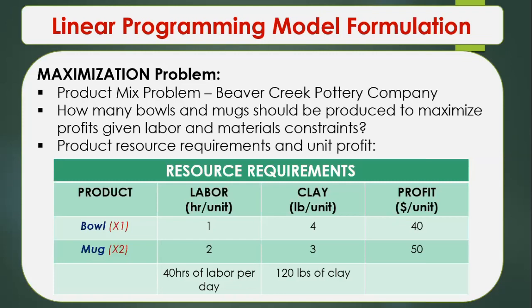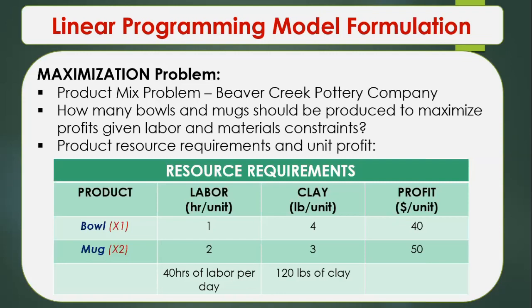First, we have our product column. Second, we have our labor, which is expressed in terms of hours per unit. The third column refers to our clay, which is expressed in terms of pounds per unit. And the last column refers to our profit column, which is expressed in dollars per unit.